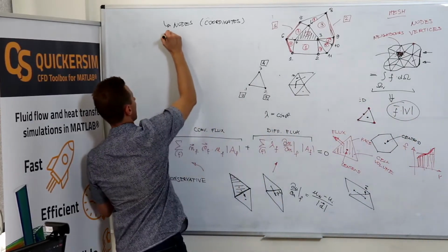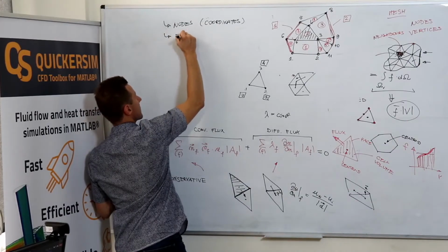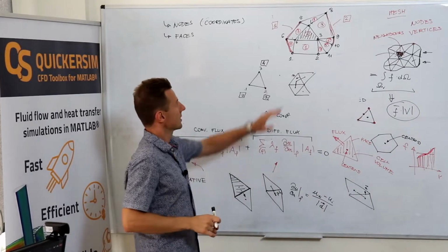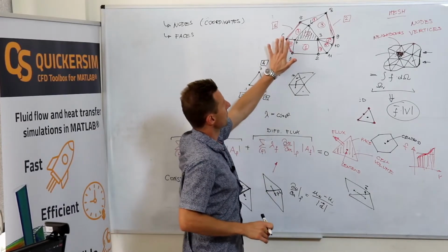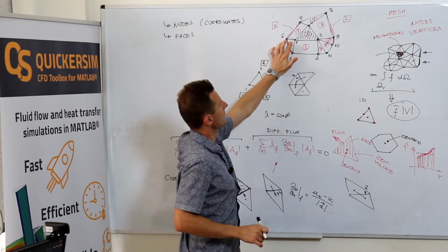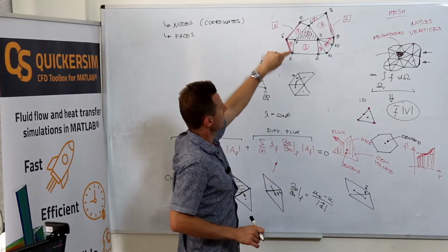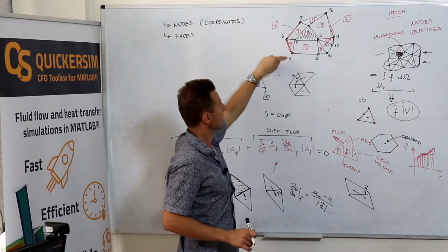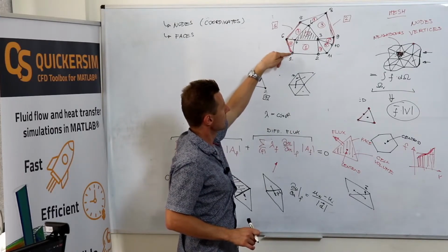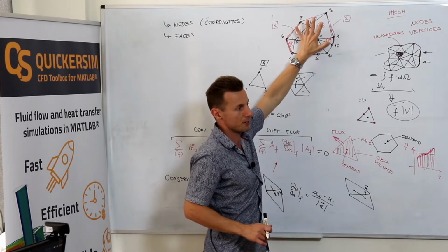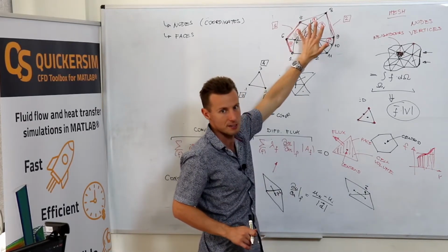Second thing, we store faces, just faces. So for this mesh, you would need to say, okay, 6, 1 is one face, 1, 7 is another face, 1, 2 is another face, and you need to prepare the list of the whole collection of all the faces in the mesh.